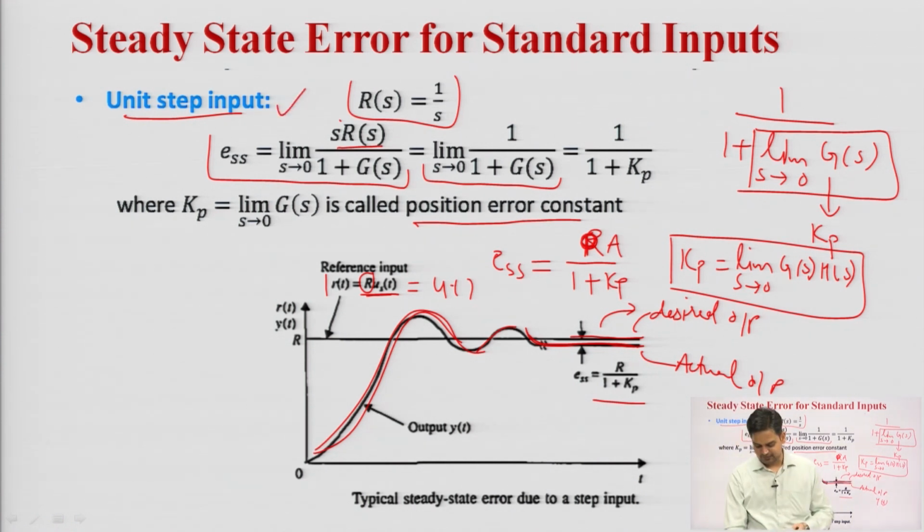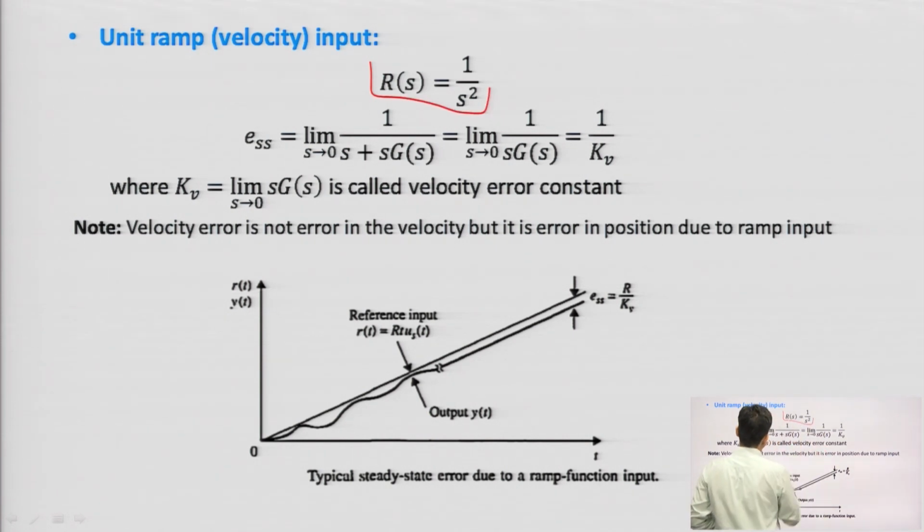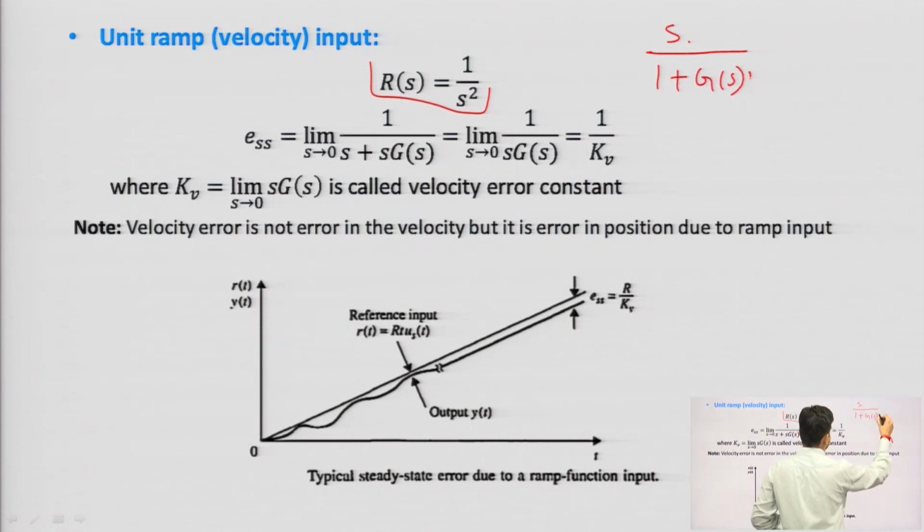Now, I will change my input to the ramp. The ramp is basically known as the velocity input. R(s) equals 1 over s squared, same expression. So, here you will get s multiplied by 1 plus G(s). I am assuming H(s) is equal to 1.